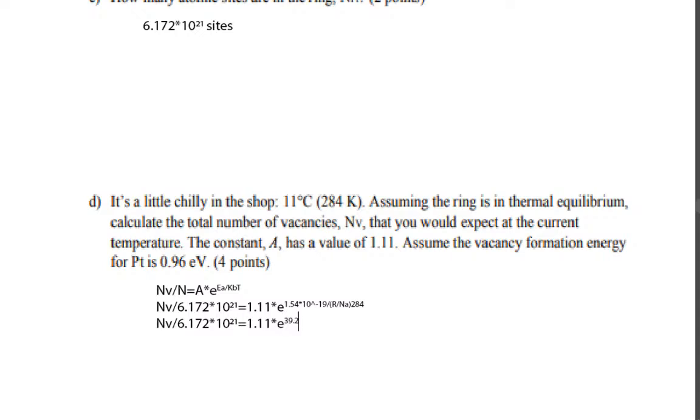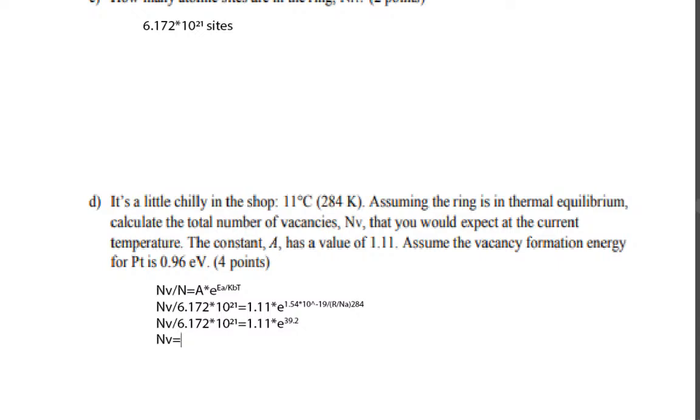So yeah, it is still a number, but we just need to figure out the rest of the thing. So we need to find out what the NV is. So NV, copy that, enter, paste. NV here would equal 6.172 times 10 to the power 21.